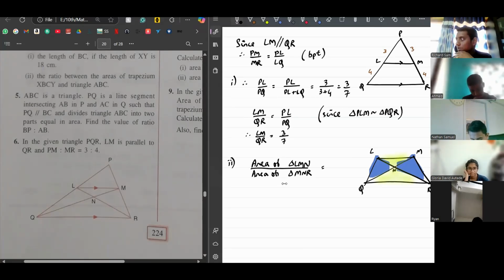Okay, now which of the two triangles they're asking here to compare? Area of LMN and MNR. LMN is here and MNR is here. Are these two triangles similar? No. Is there any theorem or small theorem that we have learned about this?